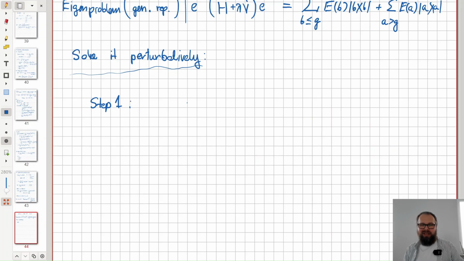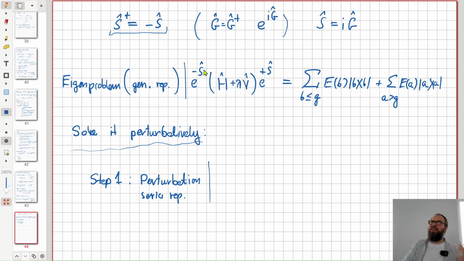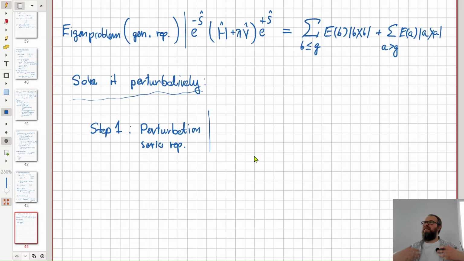Step one: perturbation series representation. You assume that your solution, the things you are looking for, so in our case S and the energies, can be represented as a power series in the perturbation strength, which is lambda in our case, which you can treat as a variable formally.